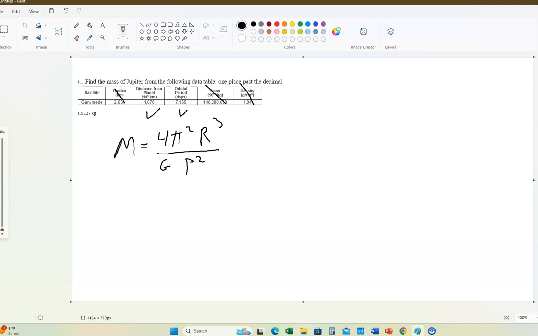The only catch is that R has to be in meters, which it's not, since it's in kilometers, and the period, P, has to be in seconds.